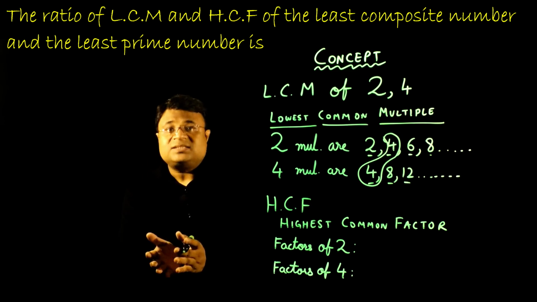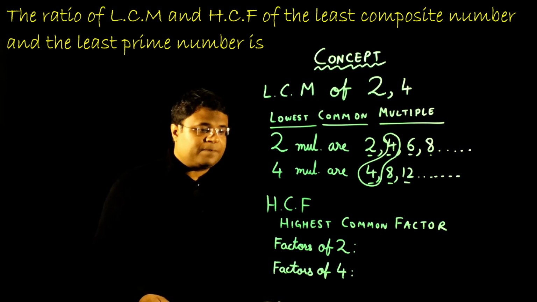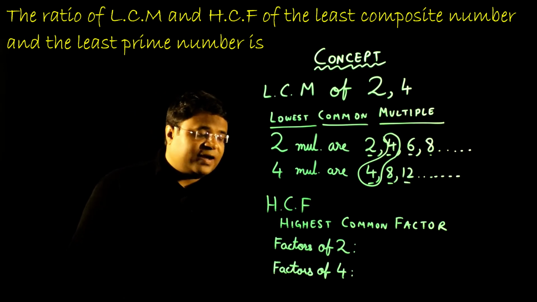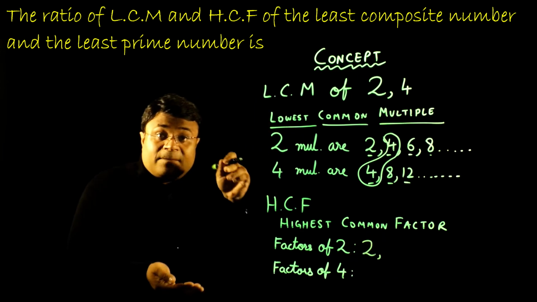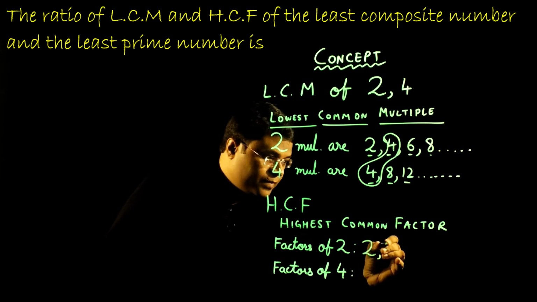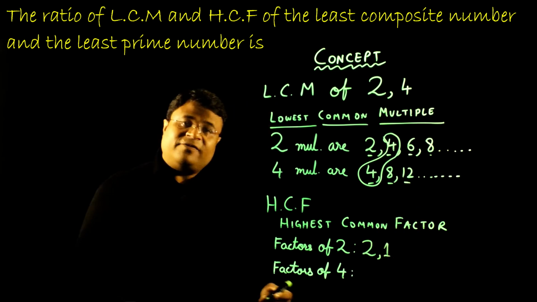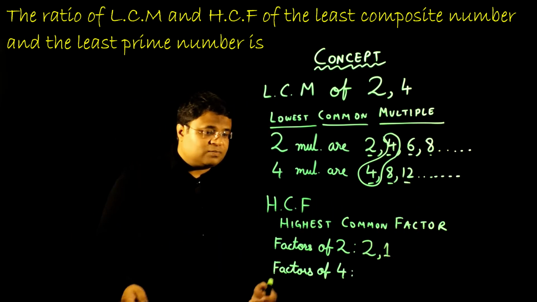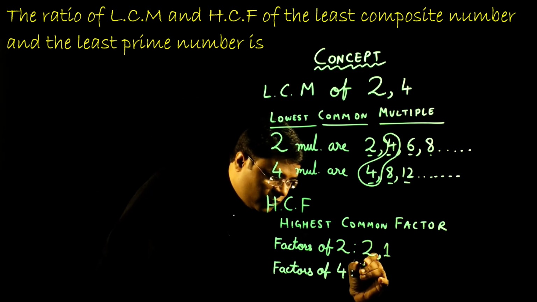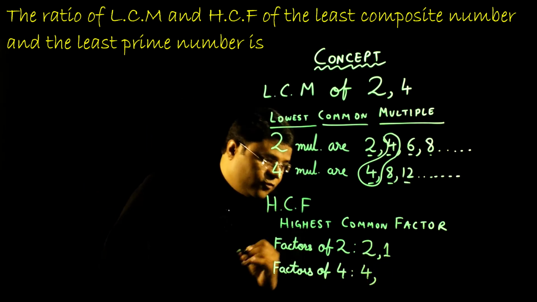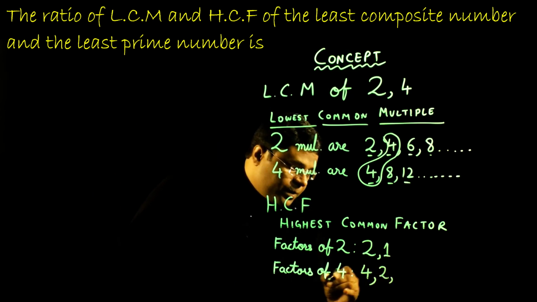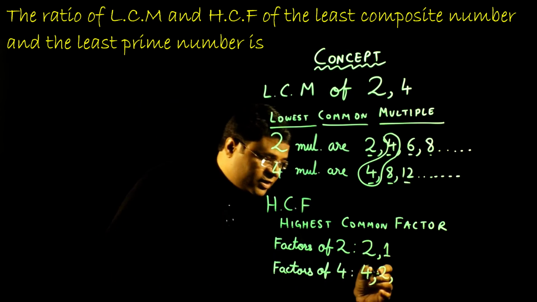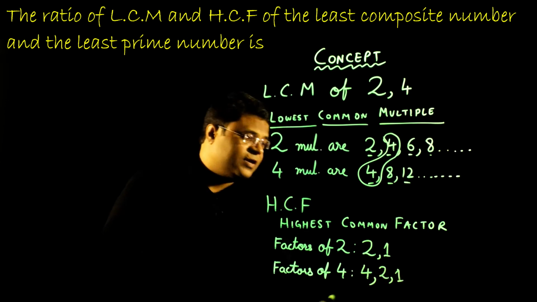Alright. Now what is HCF? It's the highest common factor. So let's think about the factors of 2. Of course, the number is a factor of itself, and 1 would definitely be a factor of all natural numbers. As far as 4 is concerned, the number 4 is a factor of itself, 2 is again a factor of 4, and finally 1.